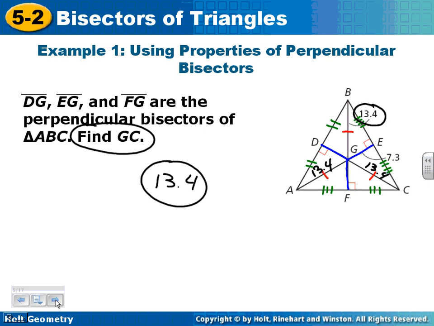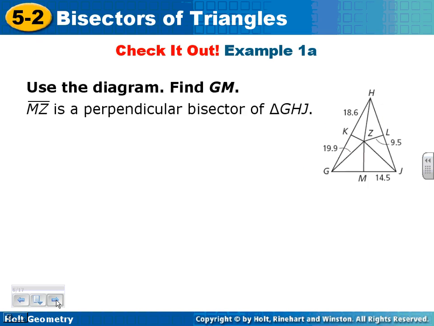Take a look at the next one. This time I want to find GM, find that length. It says MZ is a perpendicular bisector. So let me draw in the perpendicular bisectors. That's a perpendicular bisector. That one would be, and that one would be.